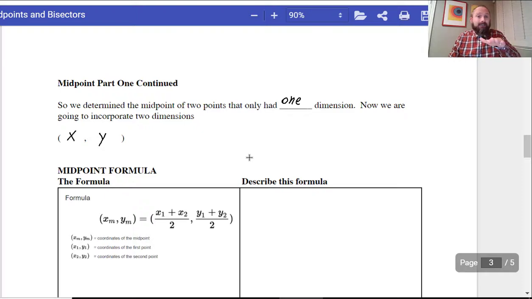So we did the x, now we're going to add in the y. So here's our formula. The midpoint formula is literally, hey, the coordinates of the midpoint will equal, add the x's, divide by 2, and add the y's, divide by 2. Take those 2 results, and hey, those are our new coordinate points.